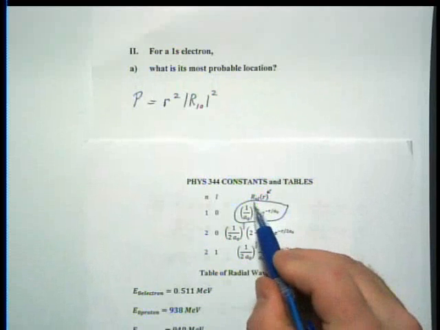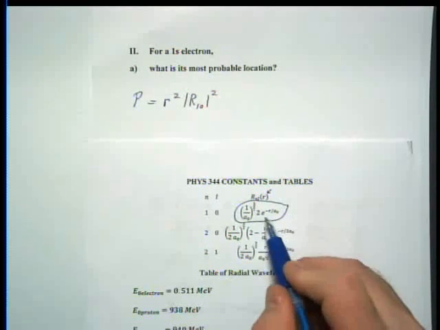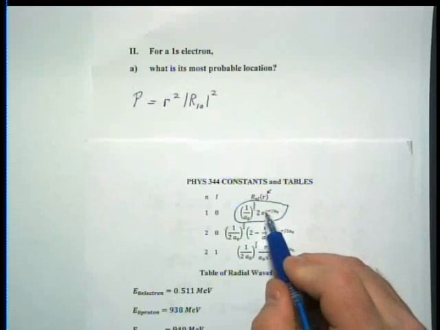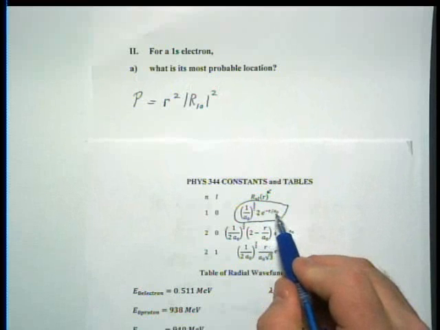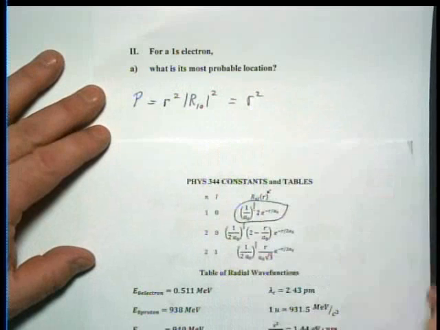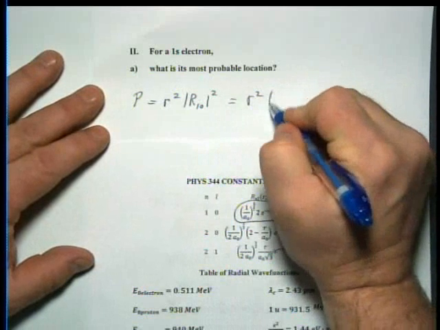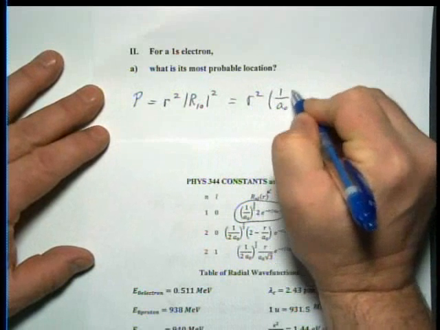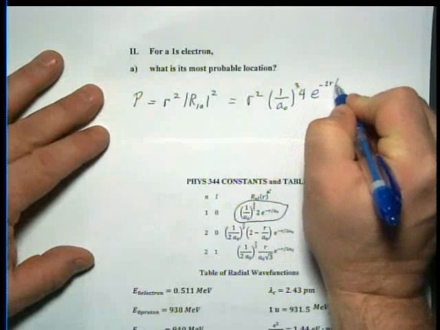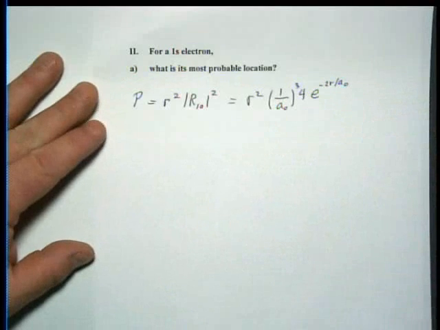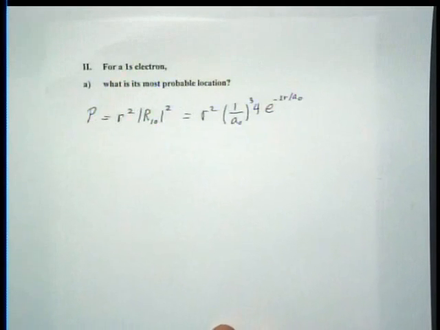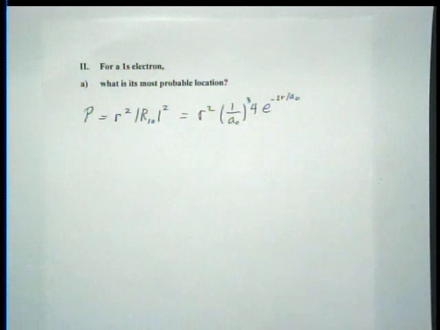So this is 3/2, so I square that, that'll be cubed. This is 2, I need to square that, it becomes 4. This is e, if I square it, it becomes minus 2r over a naught. So I take that and I write that up here: r squared, 1 over a naught cubed, 4, e to the minus 2r over a naught. There's my probability distribution.